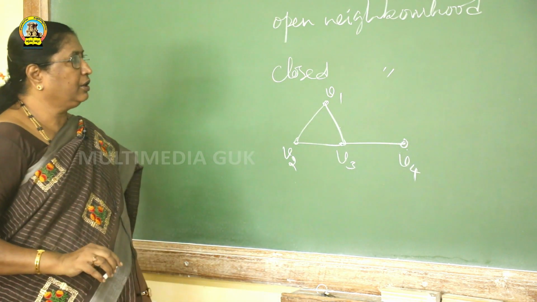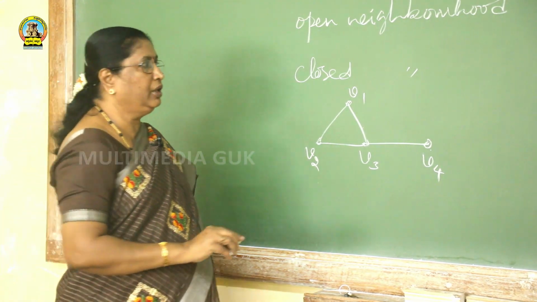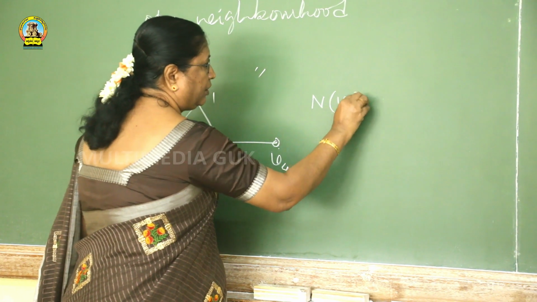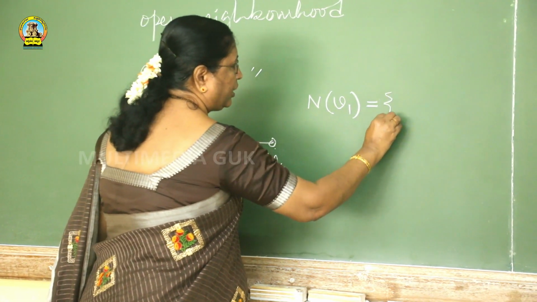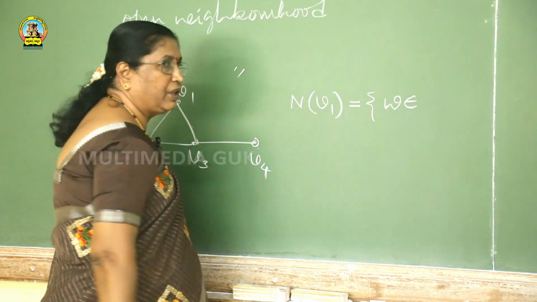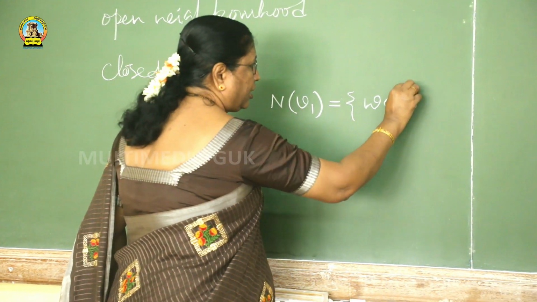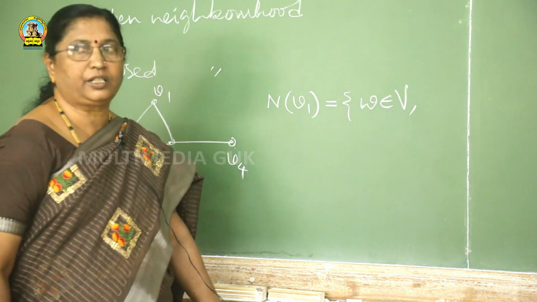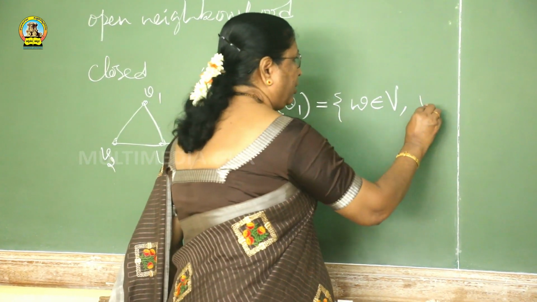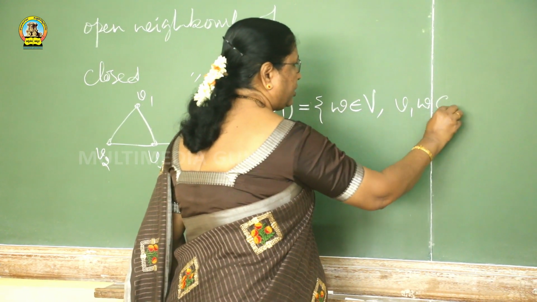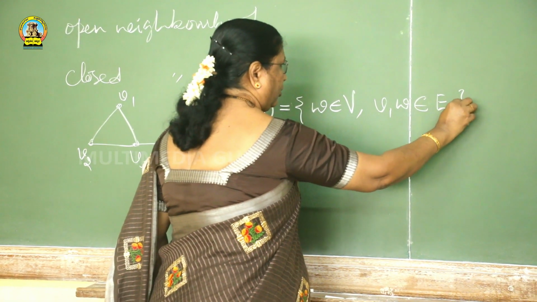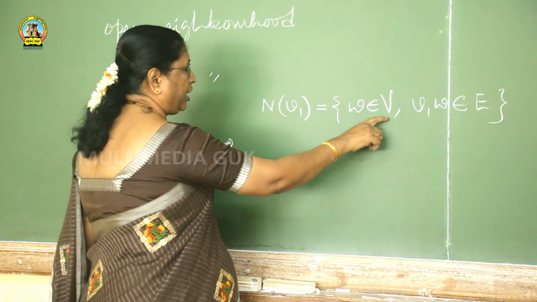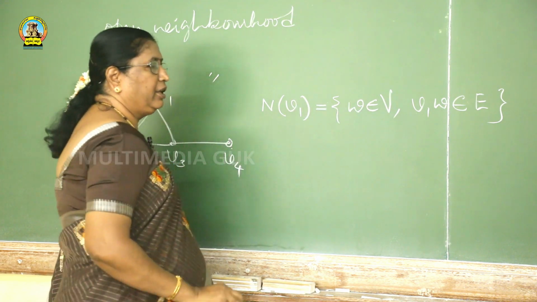In this case, to define the open neighborhood at the vertex V1, we write it as N(V1). It is the collection of those vertices w, where V1 w is an edge, or in general, v is any vertex belonging to the vertex set.